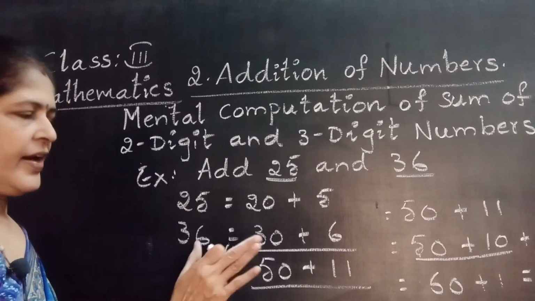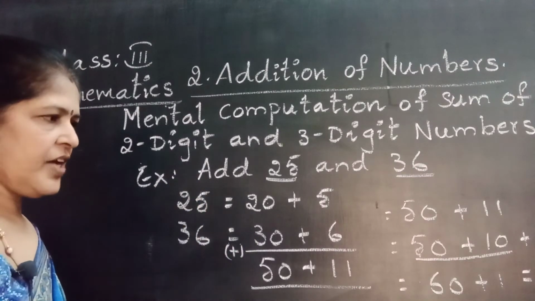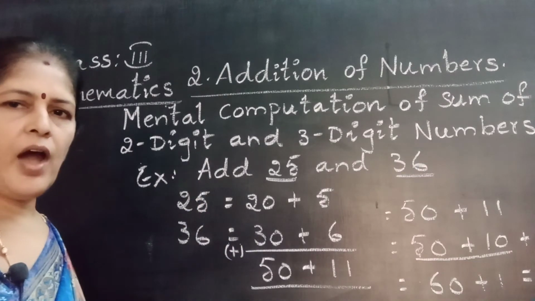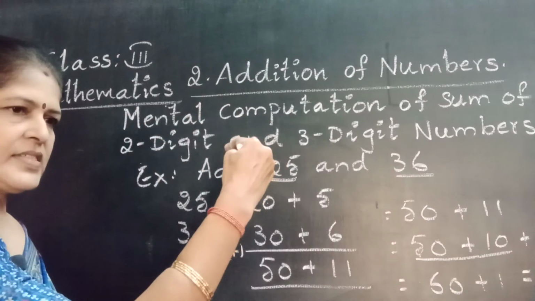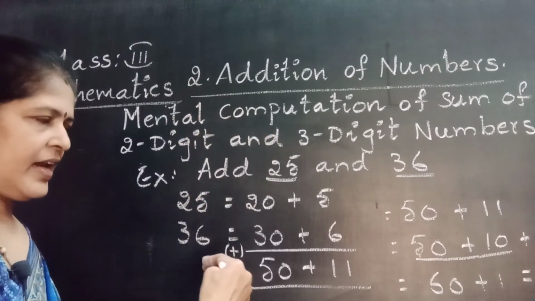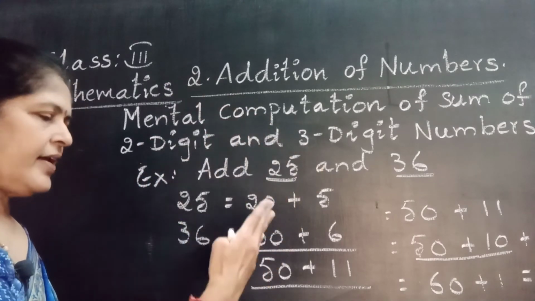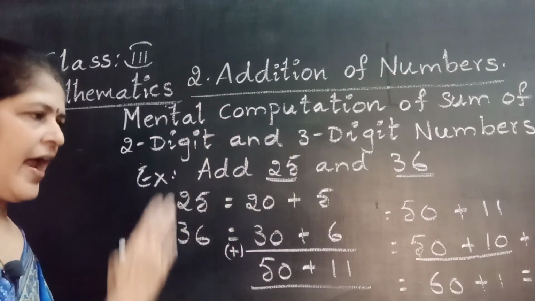Okay, this is one of the methods of doing addition. Actually we are going to follow the normal method only. Write the numbers horizontally or vertically, adding ones, adding tens, adding hundreds, adding thousands.